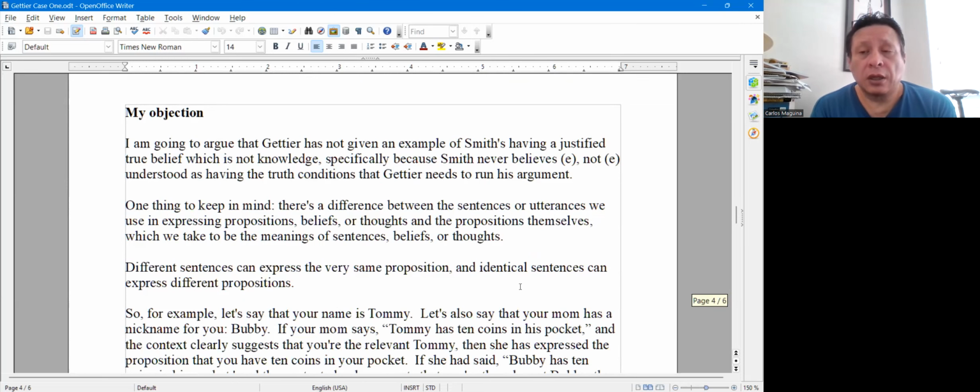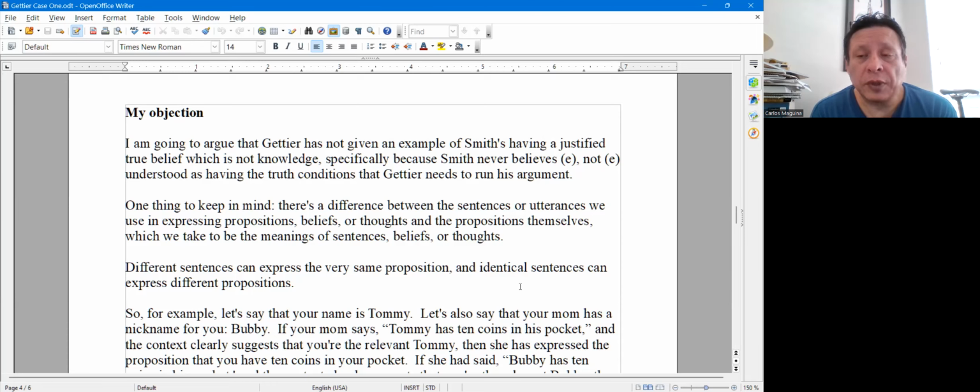So my objection, sorry if I repeat myself a little bit. I'm going to argue that Gettier has not given an example of Smith's having a justified true belief which is not knowledge. Specifically because Smith never believes E, not E understood as having the truth conditions that Gettier needs to run his argument.